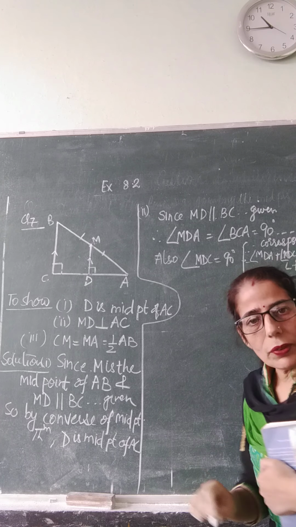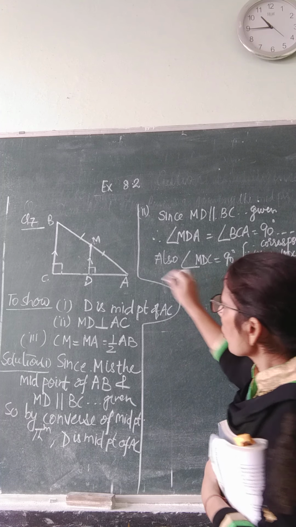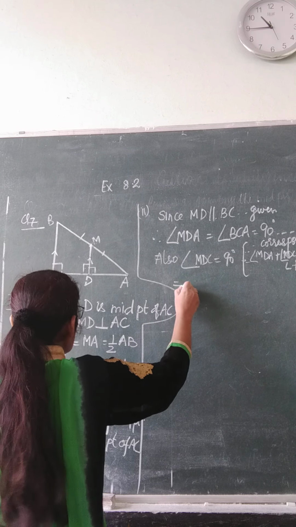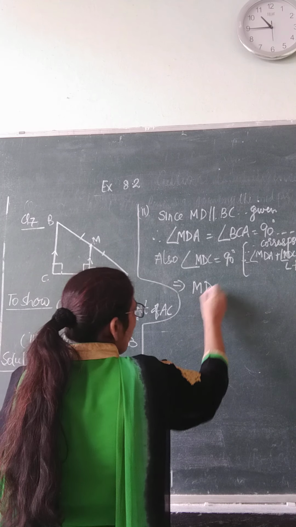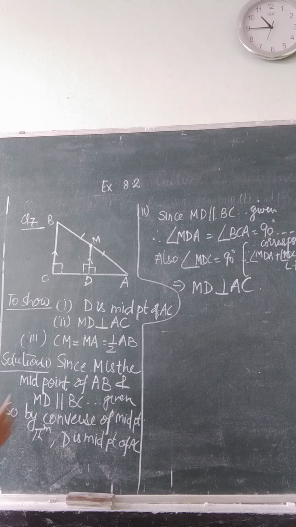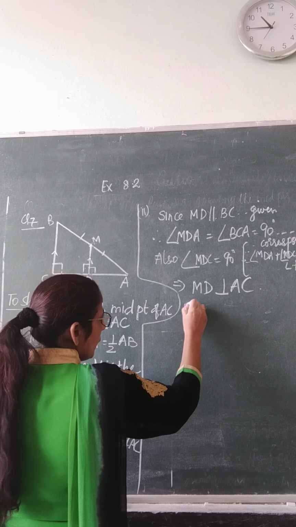Got it? Any of the two reasons you can use. So this angle is also 90 degrees. So this means MD is perpendicular to AC. Got it? Now we have to prove the third part.